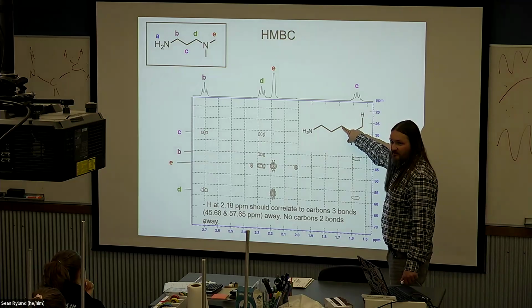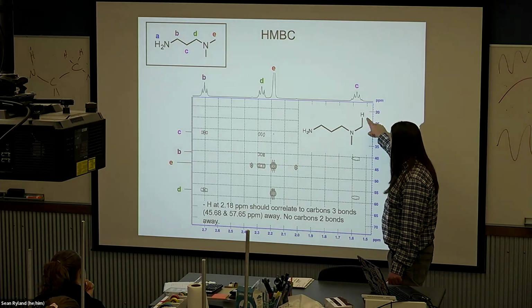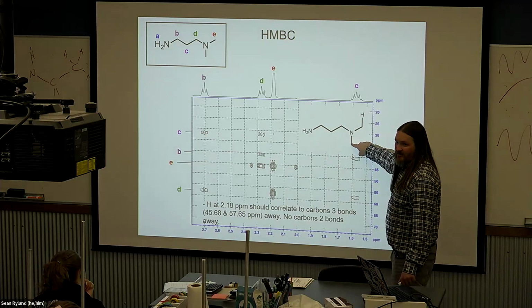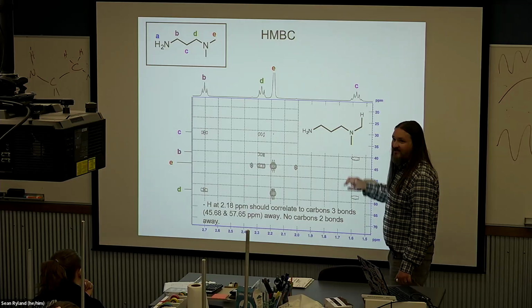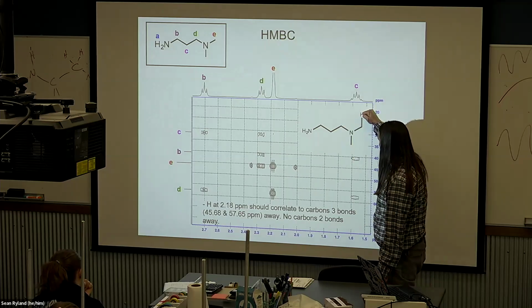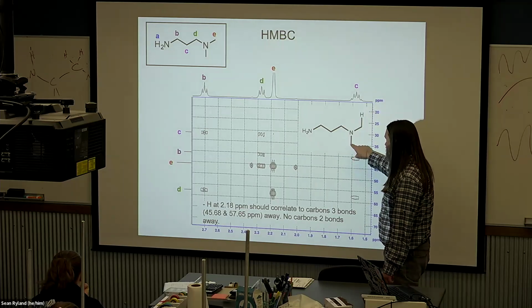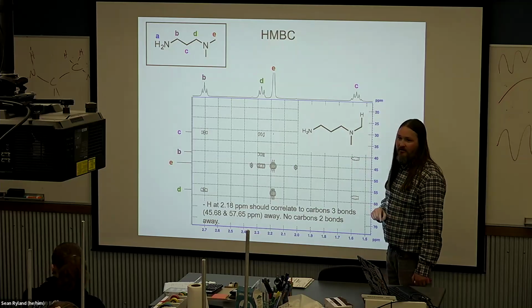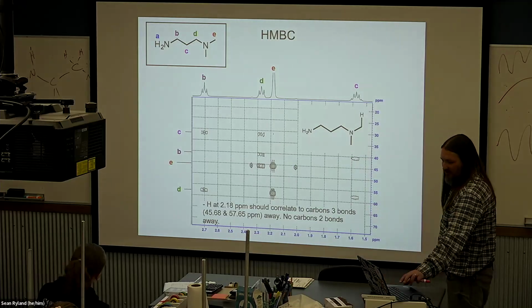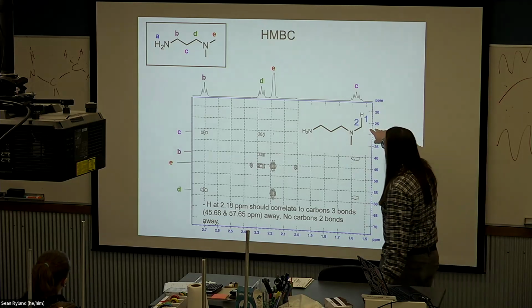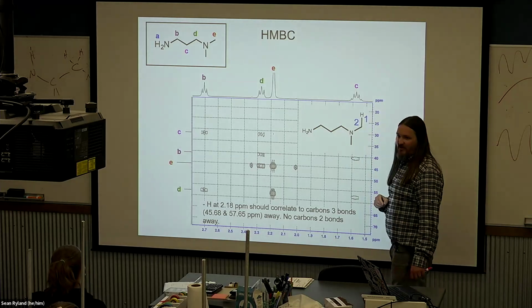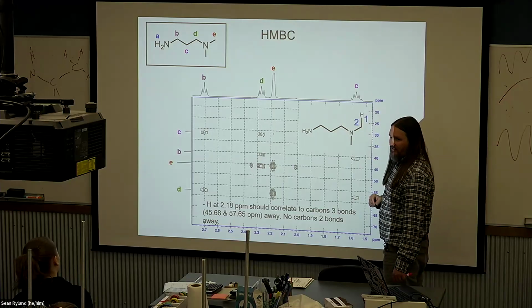Three bonds, carbon. Three bonds, carbon. So because there's two identical carbons where the proton on one carbon is 2 to 3 bonds away from the carbon, it'll show up as coupled with itself. Because this is the only carbon that's symmetrical to anything else.